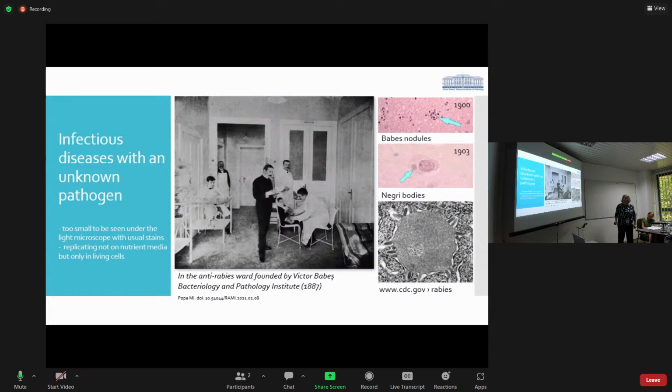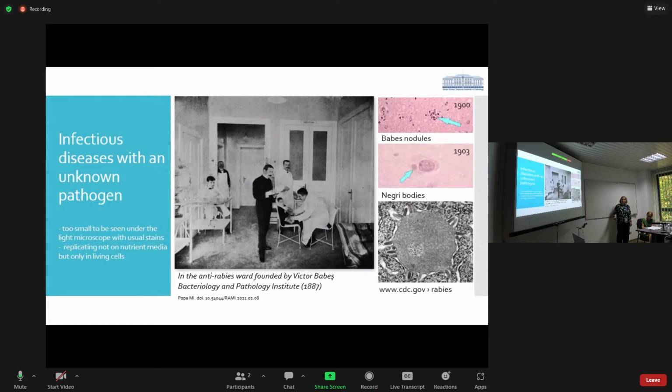He described some pathological lesions specific for that disease, and also applied anti-rabies therapy. The vaccine was settled by Pasteur 2 years later, and Babeș had already started to use it, even though the pathogen was not known at that time because the techniques were not available.